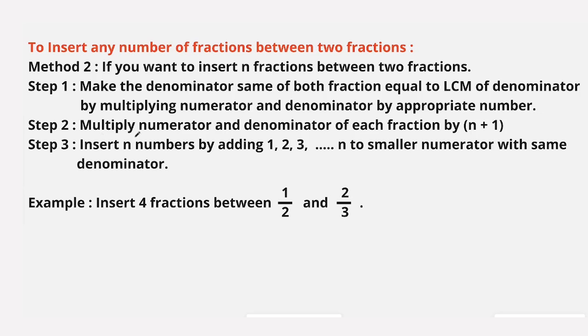Step 2. Multiply numerator and denominator of each fraction by n plus 1. Step 3. Insert n numbers by adding 1 or 2 or 3 up to n to smaller numerator with same denominator.